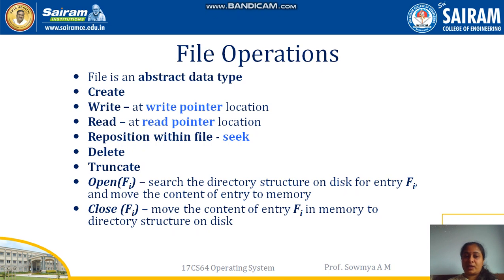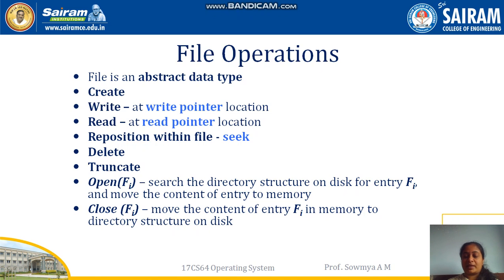Truncate, and open Fi, close Fi. Open Fi is for searching the directory structure on the disk for entry Fi, where Fi is a pointer from the directory structure, so that you can move the content of the entry to memory. Opening of a file and moving the content can be done this way.